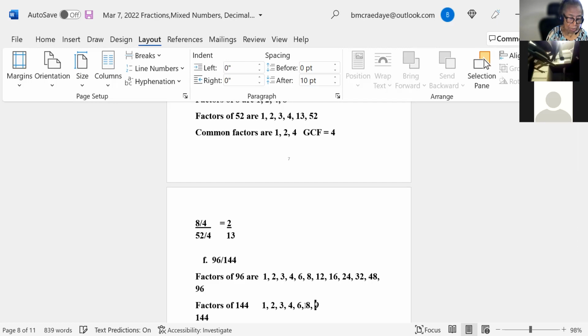What else? Well, we know 12. 12 times 12 is 144. So 12. Anything else? Let me see. Nothing else? 16 would also work. 16. Anything else? Let's see.